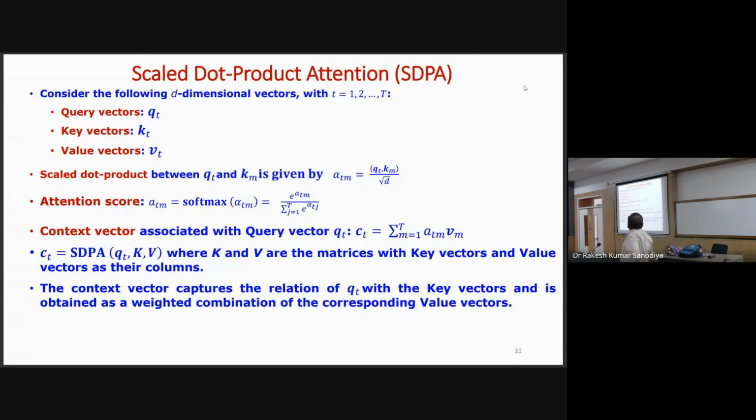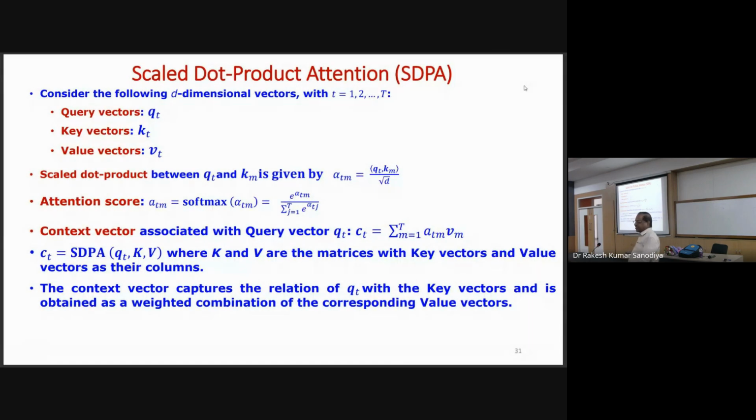So basically what we do is take this alpha tm with respect to every m, right? And once we get that, we use this softmax expression to get what is called the attention score, which I'm calling atm. Again, please note that it is still between one query vector qt and the key vector km. But one thing is, instead of the scaled dot product, I'm going to use the softmax function to get the entities in the range 0 to 1, which will add up to 1.